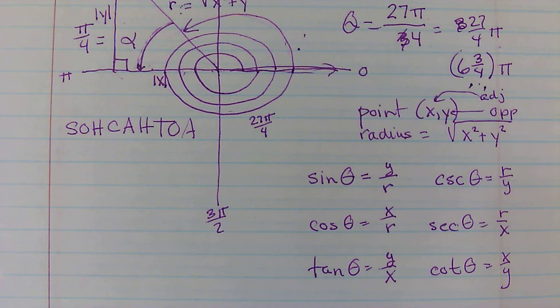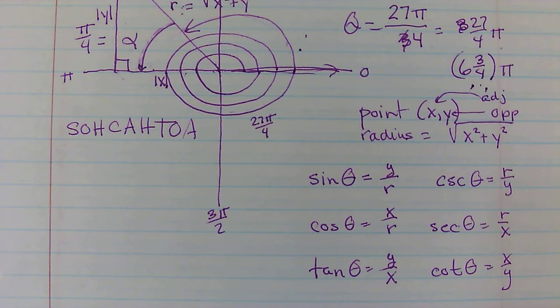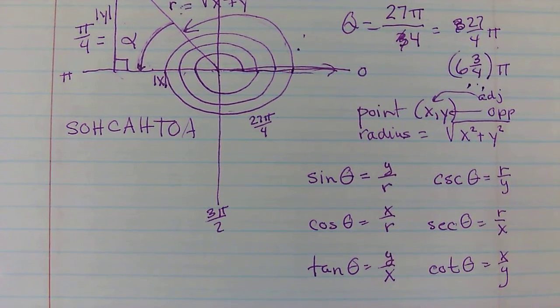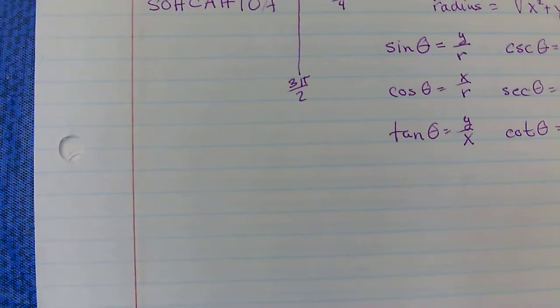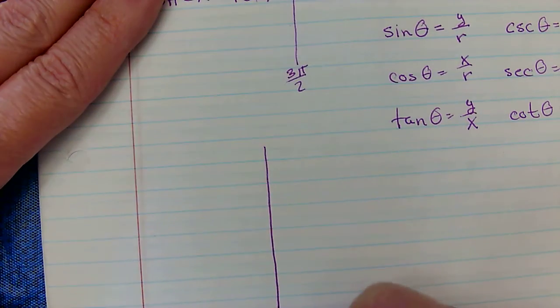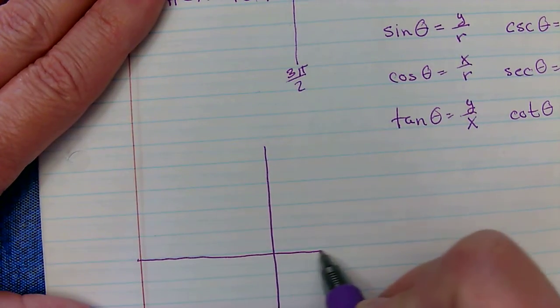When we did ones that were in a triangle, since we were always using lengths that couldn't be negative, we couldn't get any negative values. But since the coordinates of a point can be negative, we will get some negative values. So it's also important to understand what trig functions have positive and negative values in which quadrants of our graph.